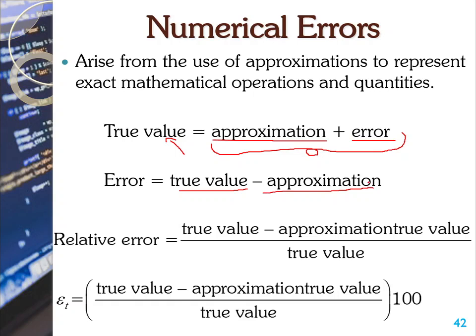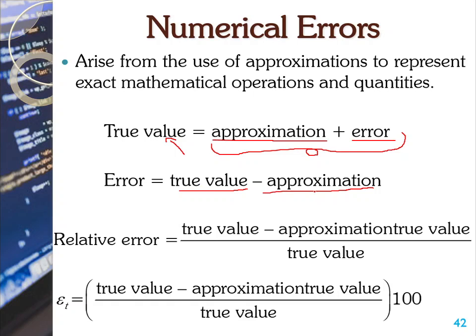So just as in the case of the bridge and the gold bar, we estimated the error based on the true value minus the approximated value. In the case of the gold bar, we had the true value to be 10 centimeters and our approximated value, the one that our student measured, to be 9 centimeters.